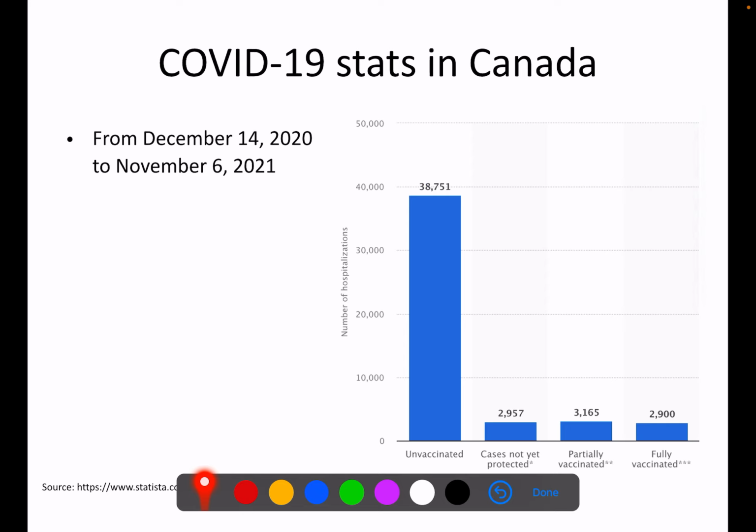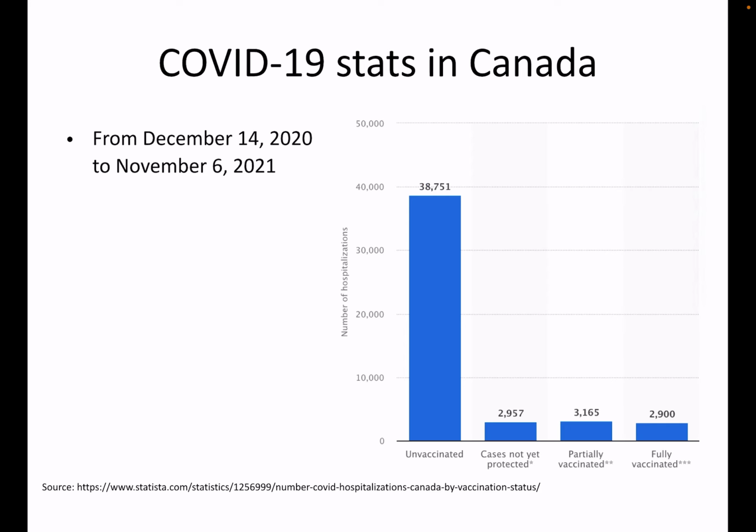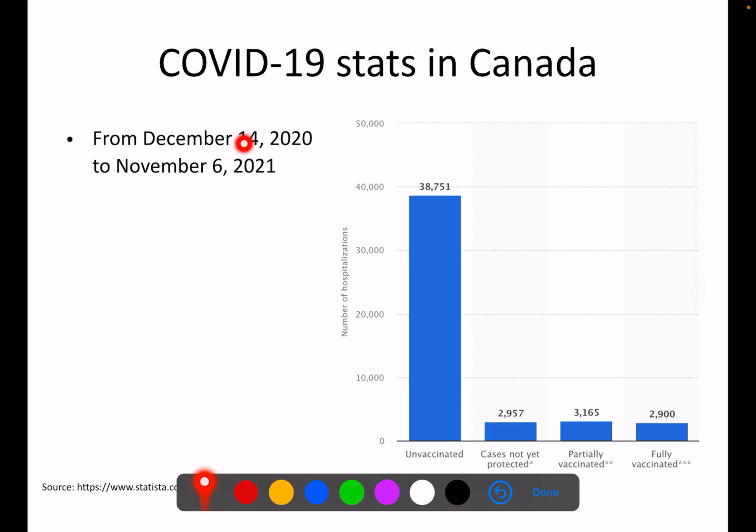So I got this data from this website. It's a website that gathers data on COVID, right? So people who were hospitalized in Canada from December to November of this year, and people who are unvaccinated, and people who are fully vaccinated, right?